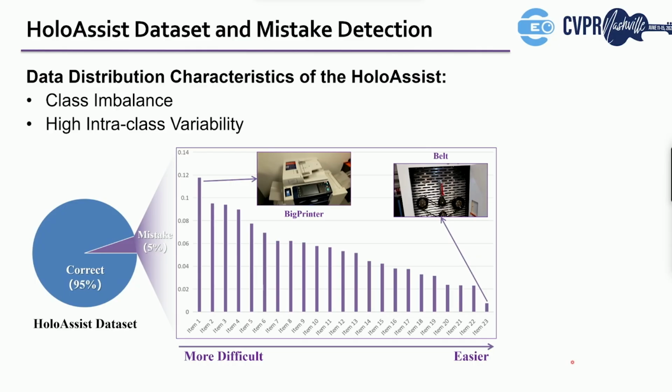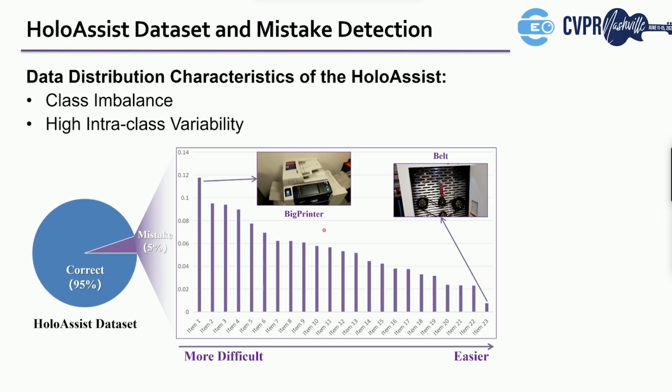First, we analyzed the HoloAssist dataset and found it presents a two-level long-tail problem. At the first level, mistake events are rare and often ambiguous. This leads to a highly imbalanced dataset, which makes traditional supervised learning quite difficult.